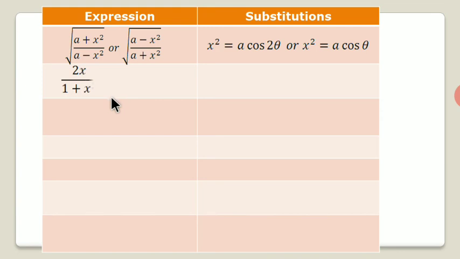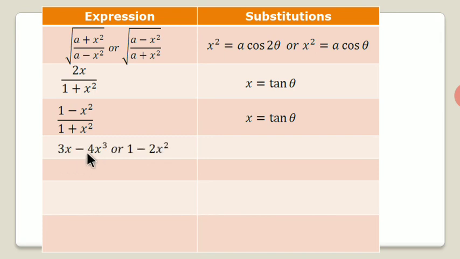When the expression is of the form 2x upon 1 plus x square, at that time we use the substitution for x as tan theta. When the expression is of the form 1 minus x square upon 1 plus x square, then we use substitution again as x equals tan theta. When the expression is of the form 3x minus 4x cube or 1 minus 2x square, at that time we use the substitution for x as x equals sin theta.